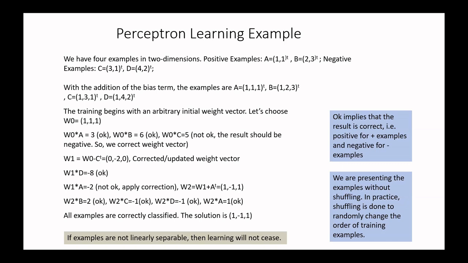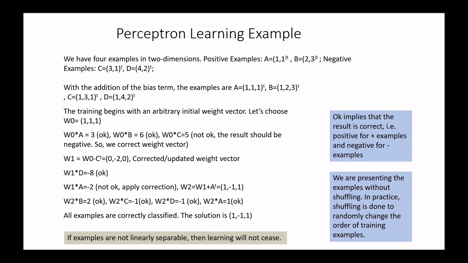Now, if you are working in 2 dimensions, you can plot and see, or even in 3 dimensions you can get a good idea. But if you are working in 10 dimensions or 20 dimensions, there is no way you can look at the data and say whether it's linearly separable or not. So if you apply this method and the underlying problem is not linearly separable, this algorithm will keep on working.